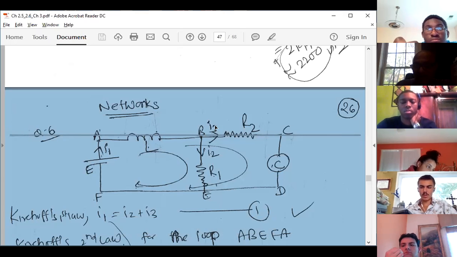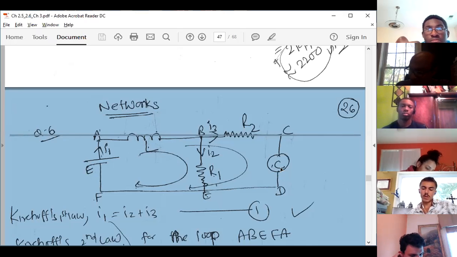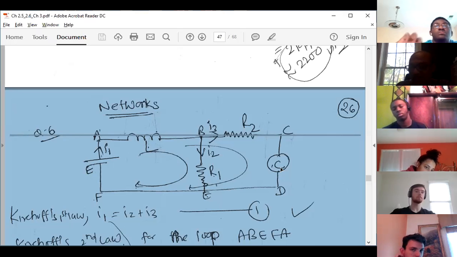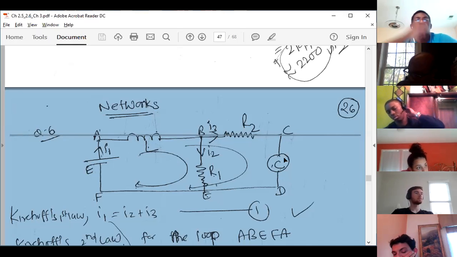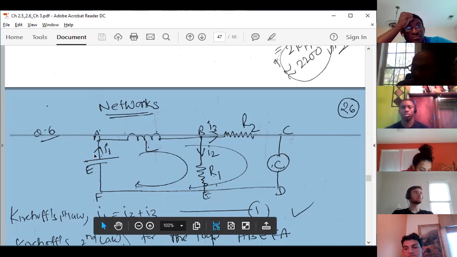Then the current I3 passes through capacitor C. The voltage across the capacitor is given by Q over C, right? And what is the relationship between Q and current? I equals dq by dt. Agree, guys? But here you cannot write I, you have to write I3. I3 is dq by dt. And then the current goes back to the battery E, so that is equal to E. Shall I write like this?